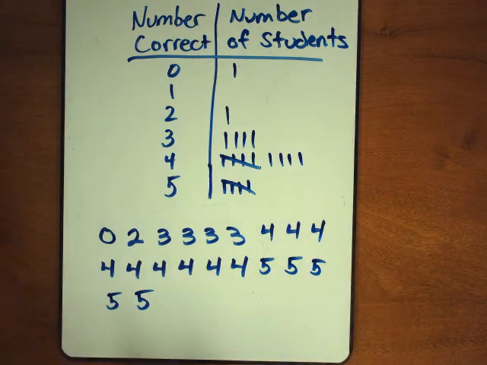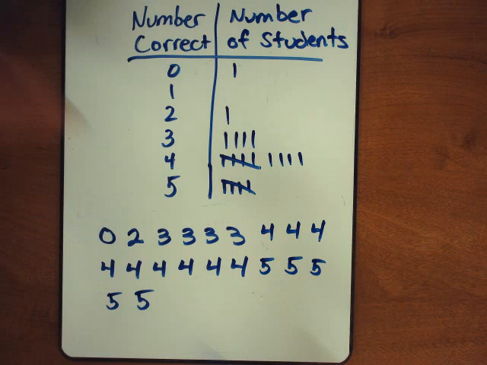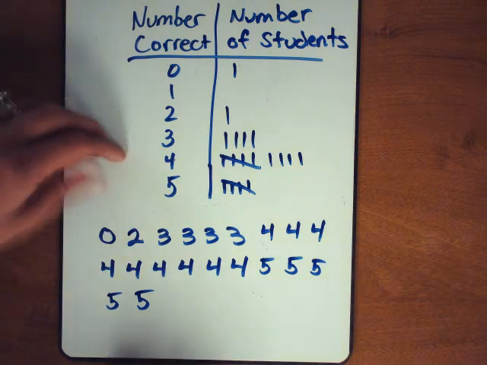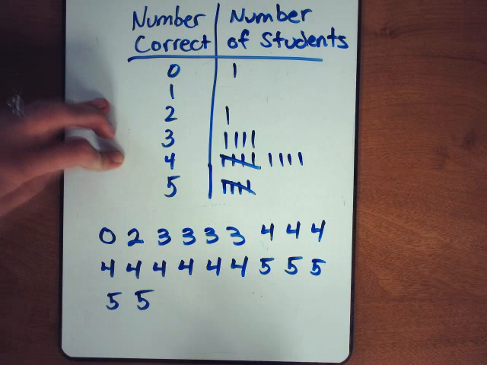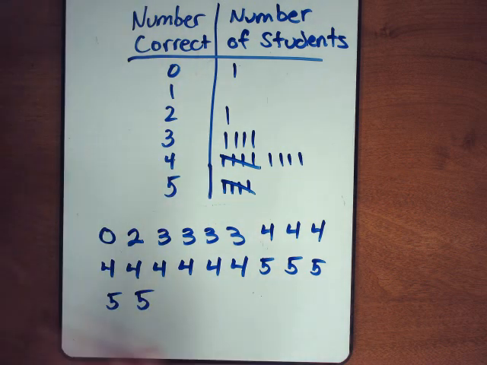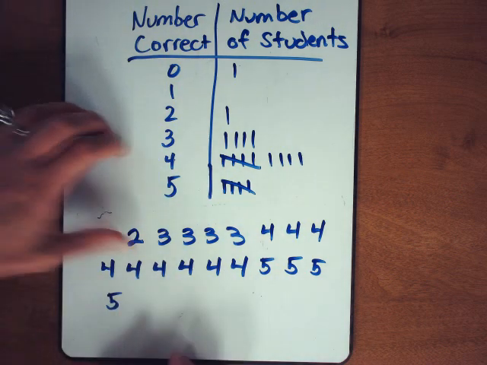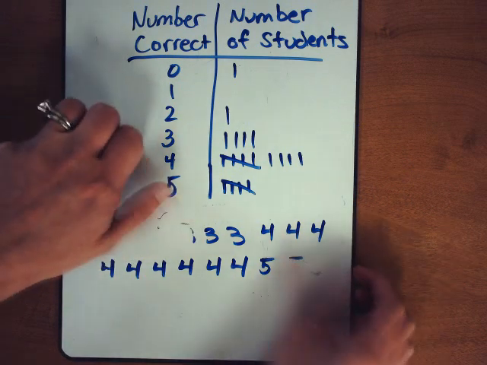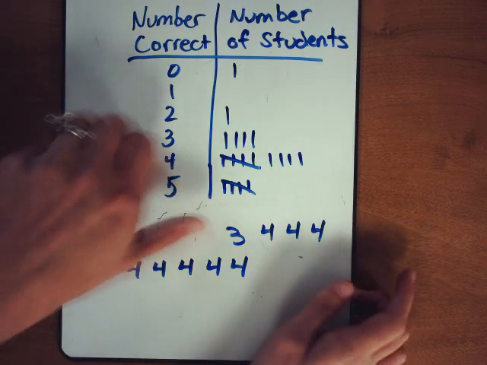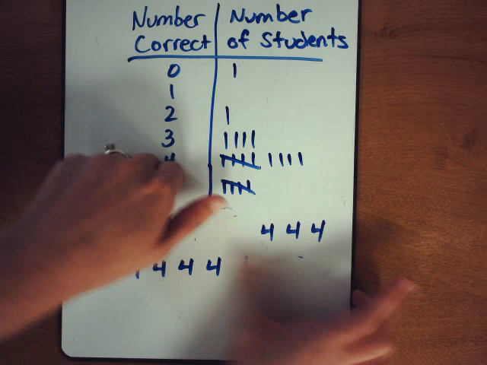To find the middle number, now that I have them all listed out, I'm going to erase my smallest number and my largest number until I am meeting. So 0, 5, there goes 2 and 5, 3 and 5, 3 and 5, 3 and 5, 3 and 4.